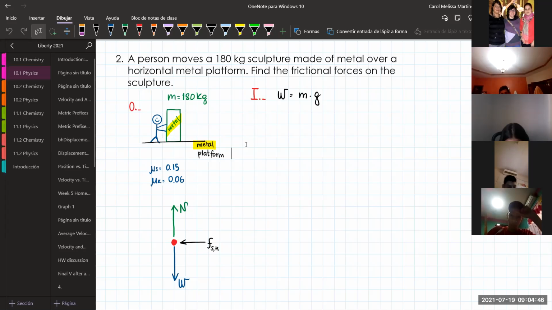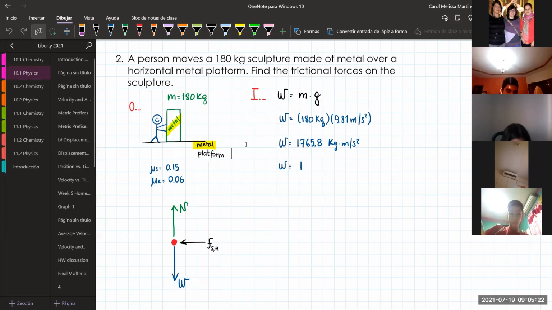How much is this weight? 17,658. These are kilograms meters over second squared, which is also the same as saying Newton. Okay?